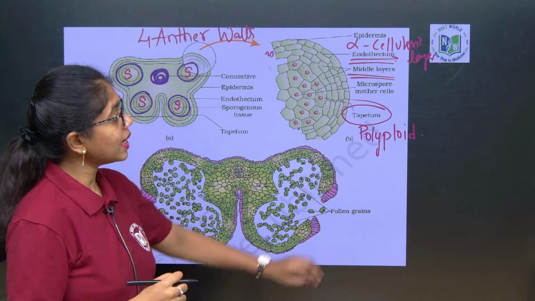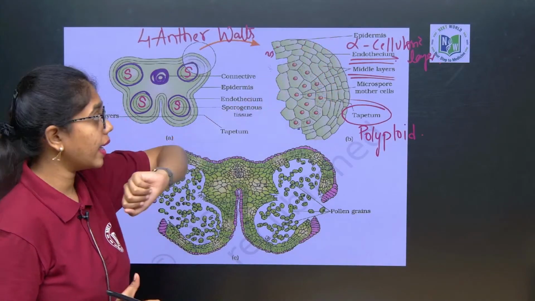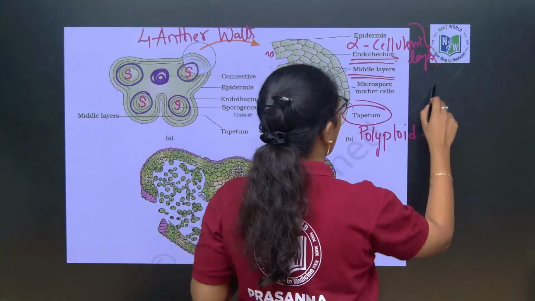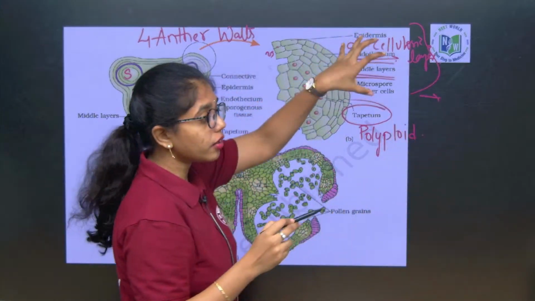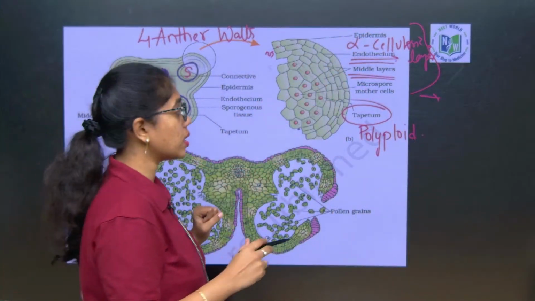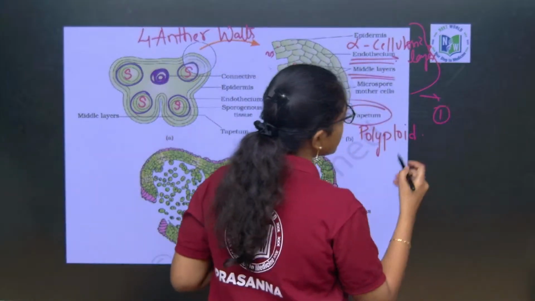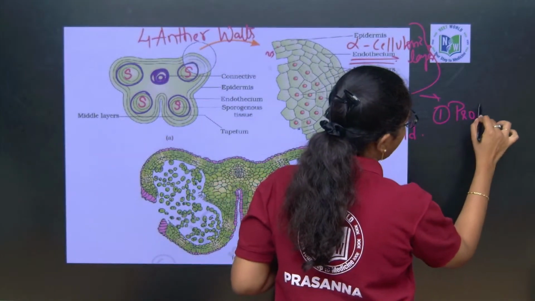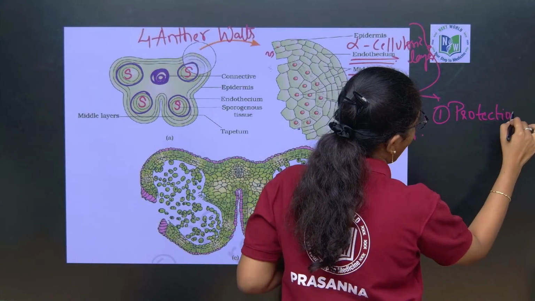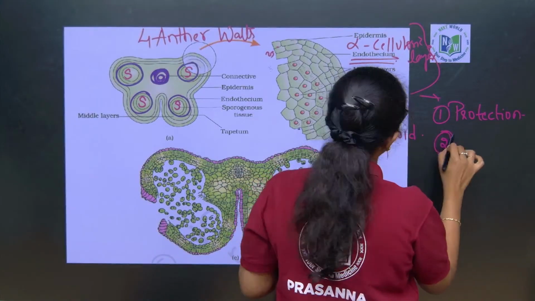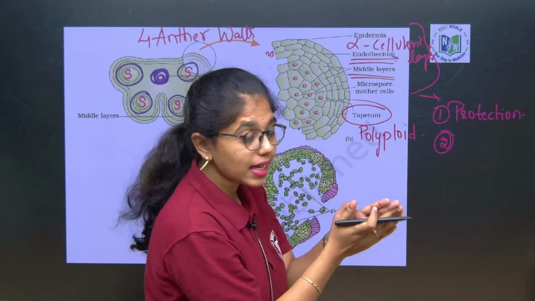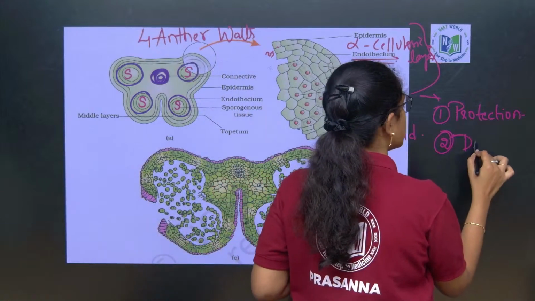The outer 3 layers constitutively perform only one function. What is that, Nana? First is protecting the pollen grains, and second is helping in dehiscence.